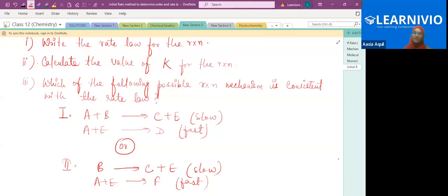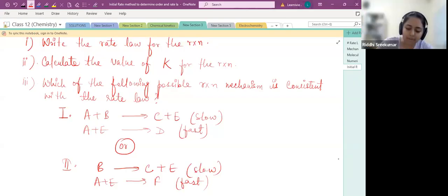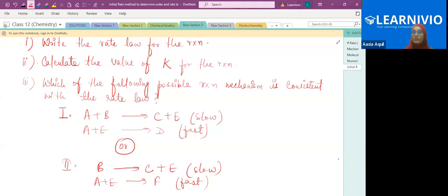Please try to do the homework, Riddhi. Just try to do it by yourself. जो भी मैं देती हूँ, just try to do it by yourself. If नहीं हो पाता है question, so just ask me in the class.